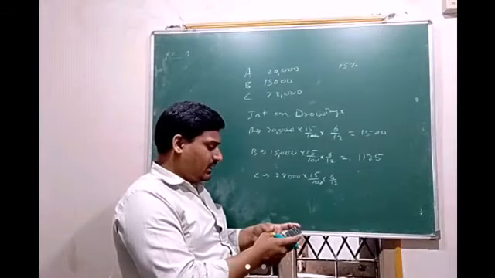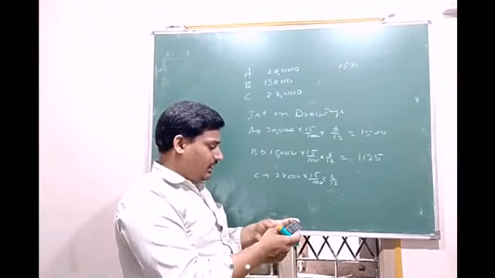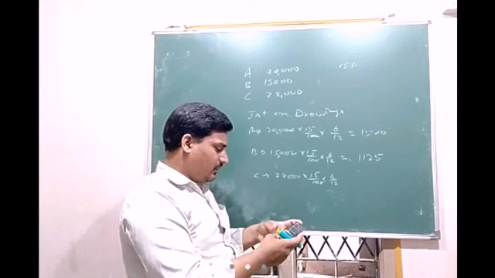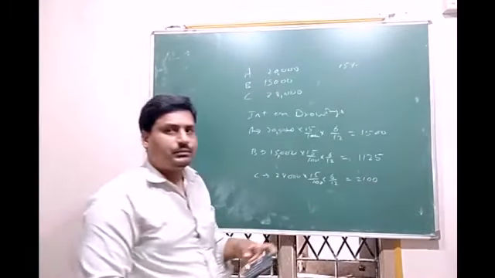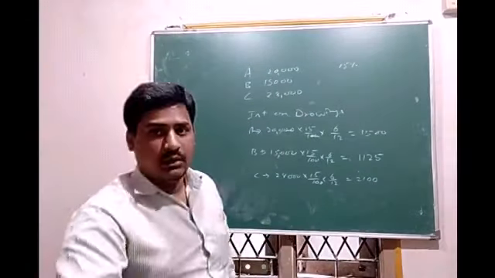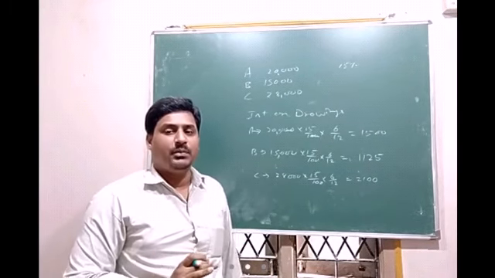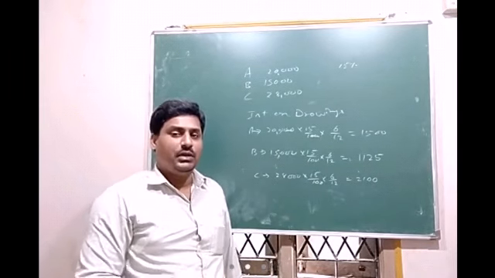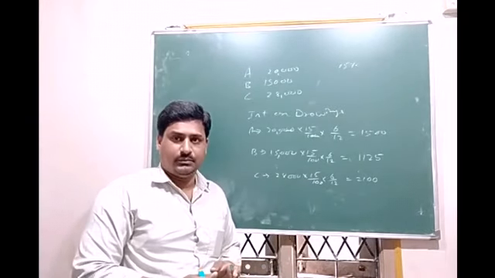So his interest on drawings is 28,000 into 15% into 6 divided by 12. So 2,100. So when the total amount is given, no period is mentioned, and we just know the rate of interest, we calculate interest for 6 months. Okay.